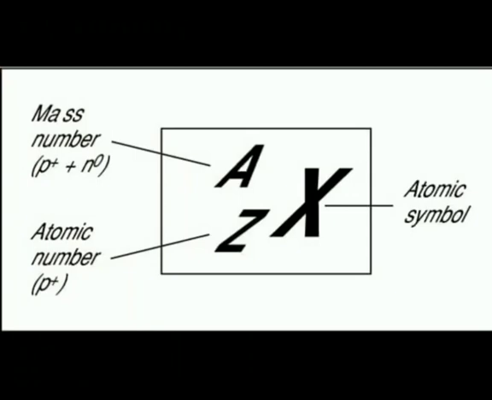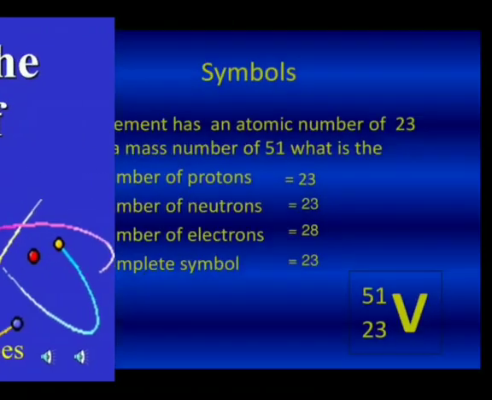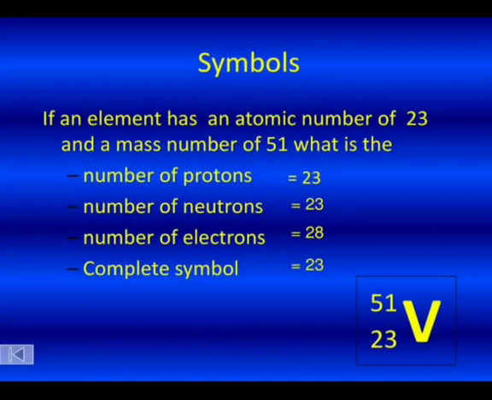Okay, so let's see. Now I have to determine the number of protons, electrons and neutrons. How will you find the number of protons, electrons and neutrons in an atom of an element? Let's see here one element, V, that is vanadium. Here you see the atomic number is 23 and the mass number is 51.